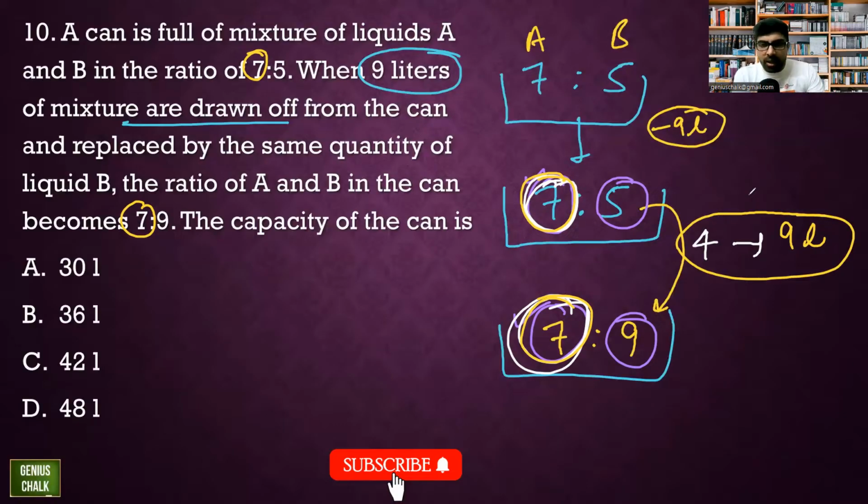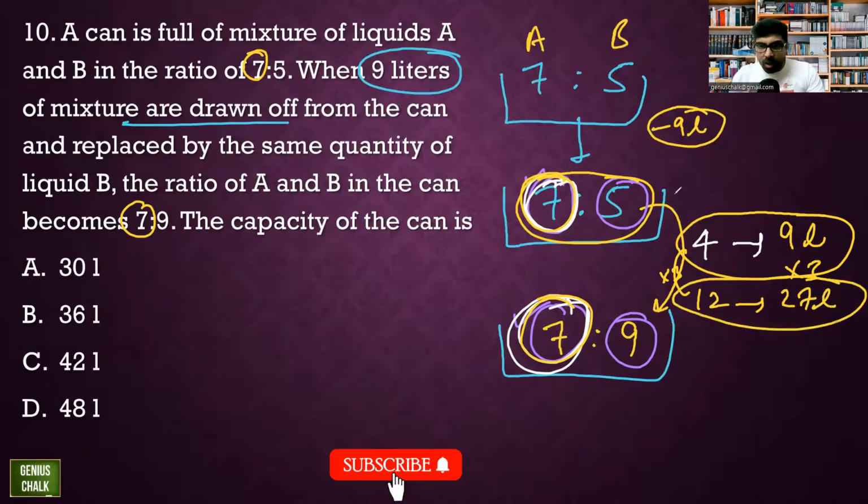So it is asking the initial quantity. You can see that if 4 is 9 liters, what is this 12? If you see this one, what is this? This is 7 plus 5, 12. So it is multiplied by 3. So this is also multiplied by 3. That is 27 liters.